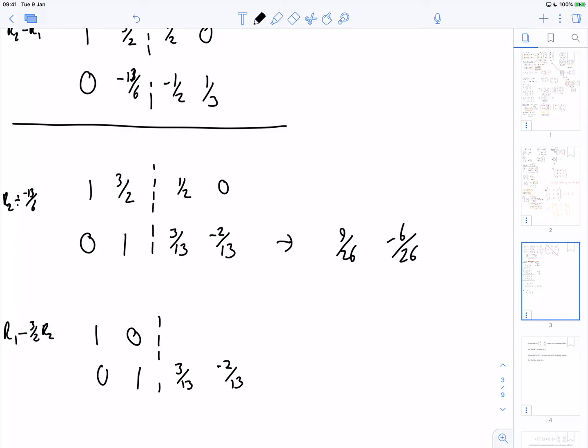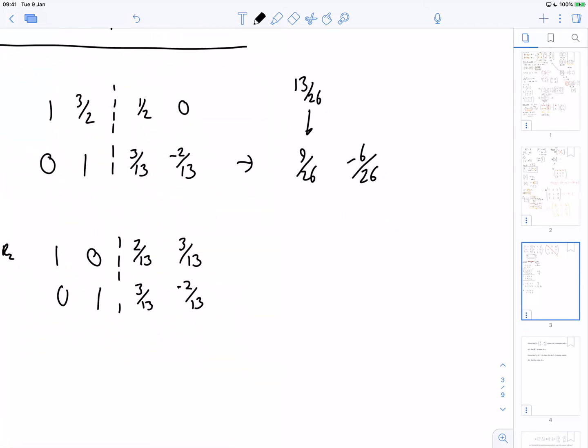Right, so I need to do 1/2, which is 13/26, minus the 9/26, which is 4/26, which is 2/13. And then I have to do 0 minus minus 6/26, which will be positive 6/26, which is 3/13. And now this thing is the inverse.